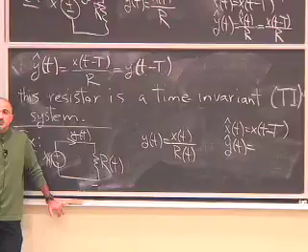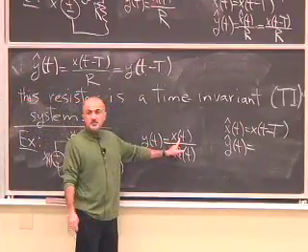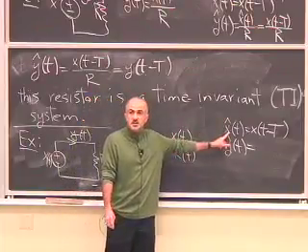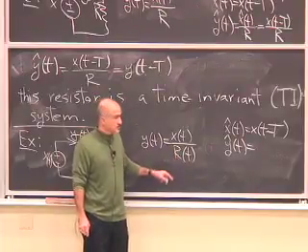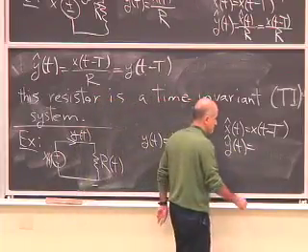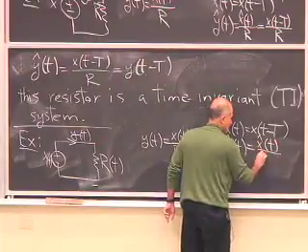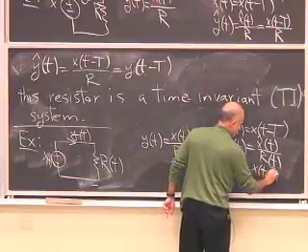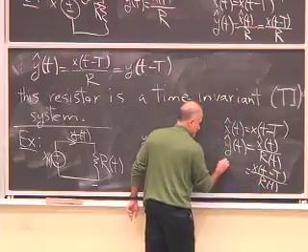I'm just shifting the input signal. This system takes whatever I give it as the input signal. In this case, I've called it x. Now I've got to call it x hat. And divides it by R of t. So what's the output here? X hat over what? R of t. And x hat is x of t minus capital T divided by R of t. So that's y hat.